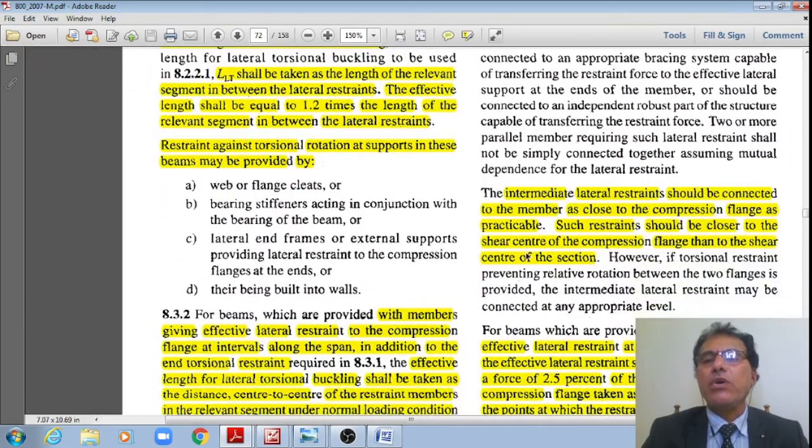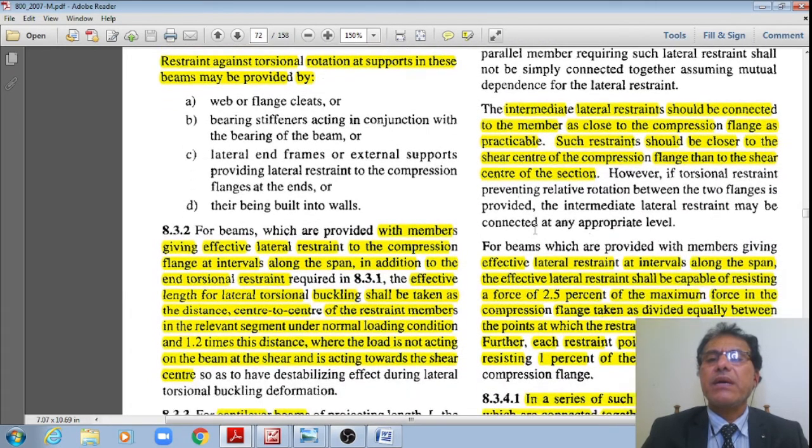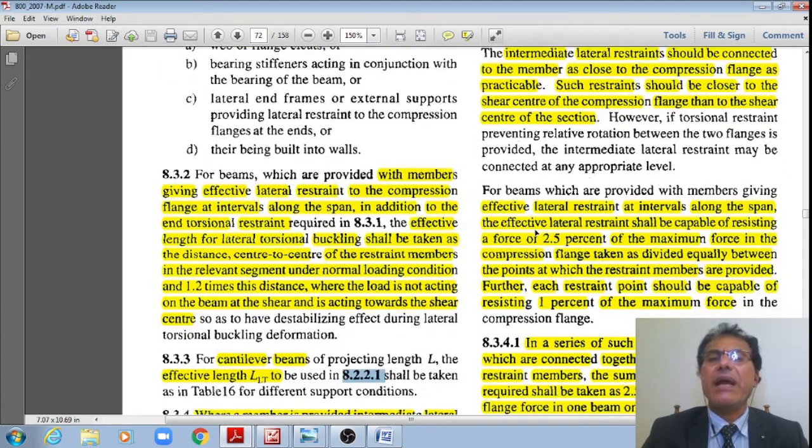The intermediate lateral restraints should be connected to the member as close to the compression flange as practicable, right? Such restraints should be closer to the shear center of the compression flange than to the shear center of the section, right?